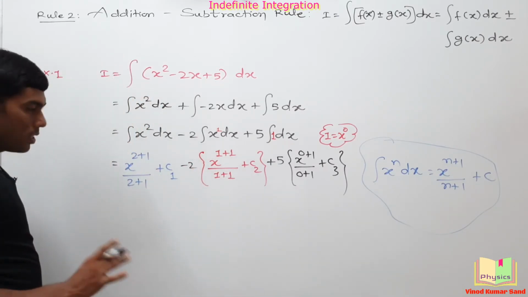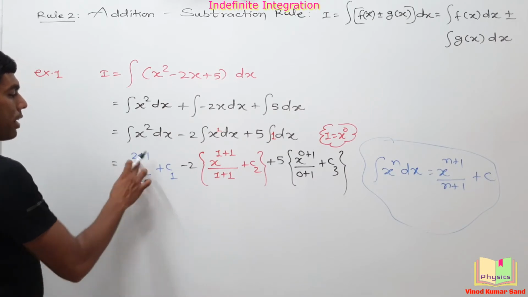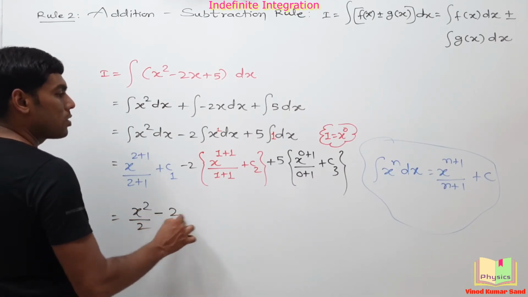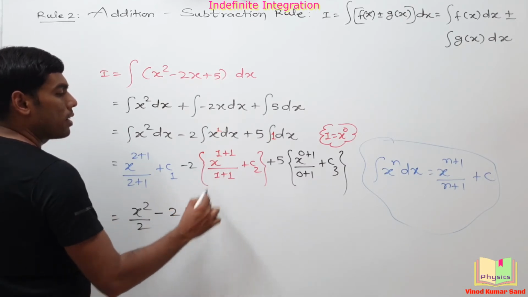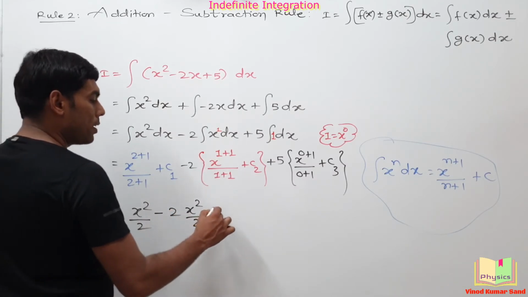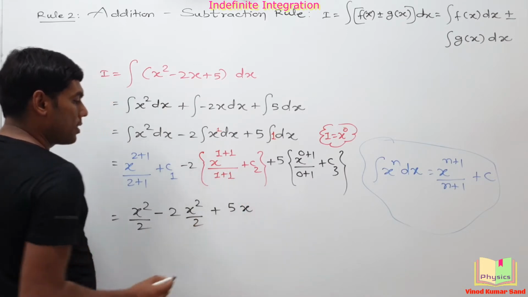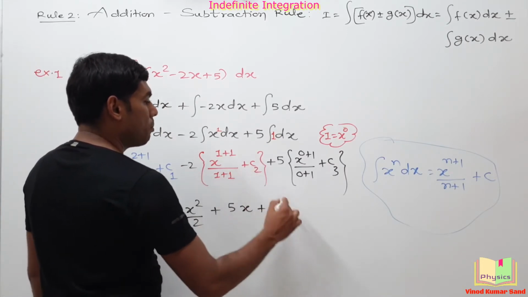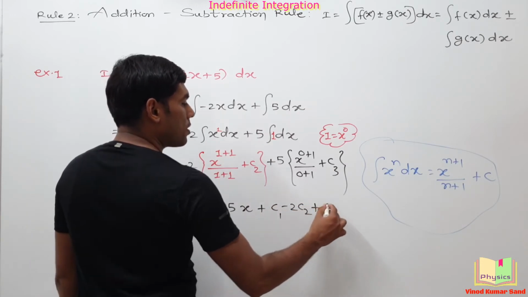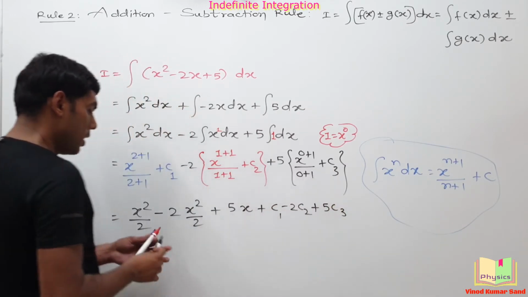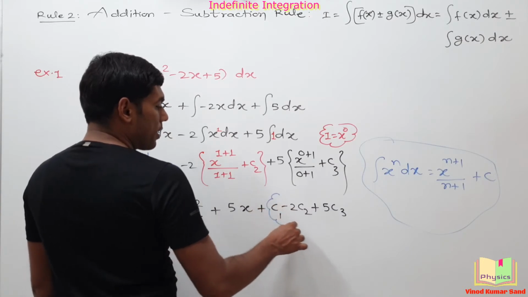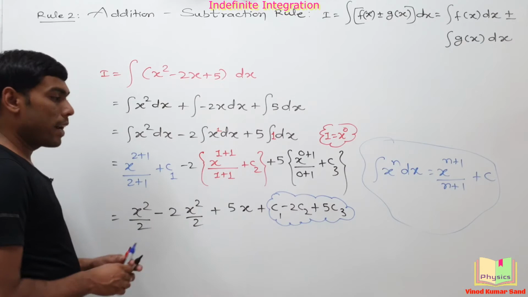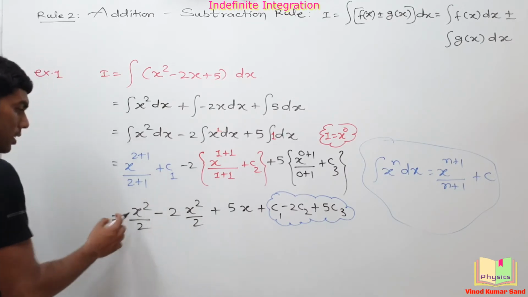Now these 3 constants c1, c2, c3 can be collectively written as a single constant to make the calculation easy. So I am writing the final answer: x square by 2 minus 2x square by 2 again plus 5x, and then you are left with c1 minus 2c2 plus 5c3. This entire thing is actually a constant, so you can write it as a single constant.